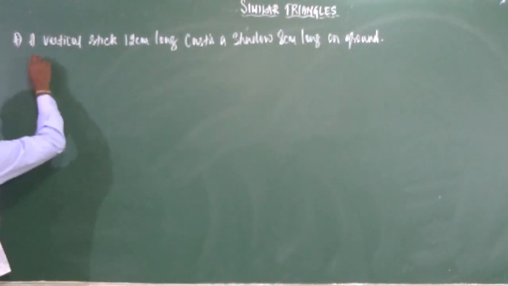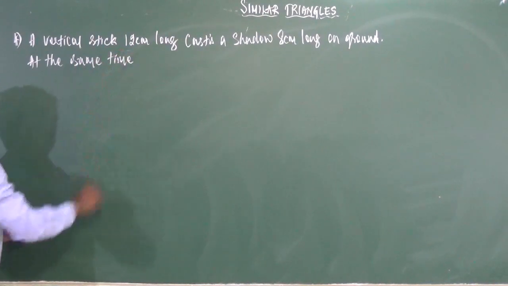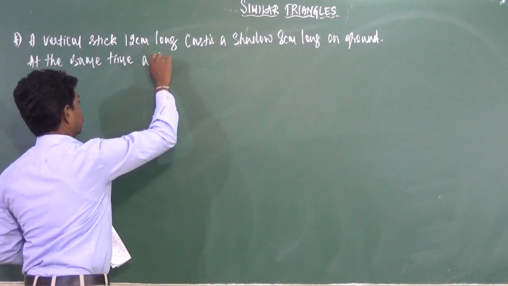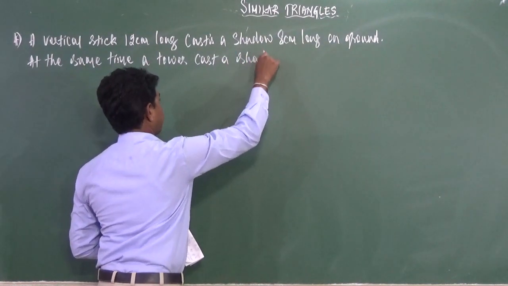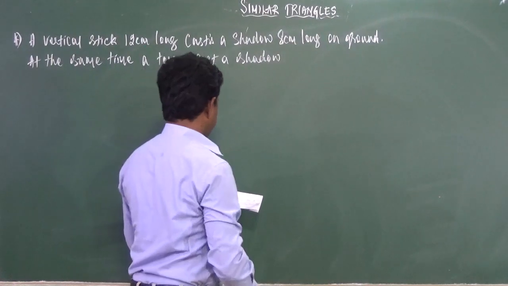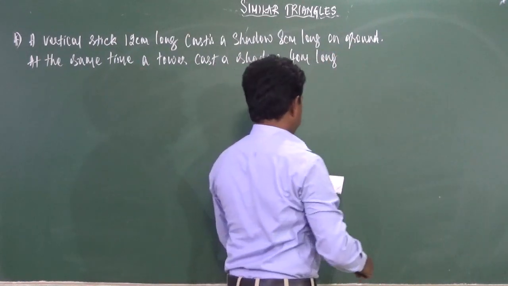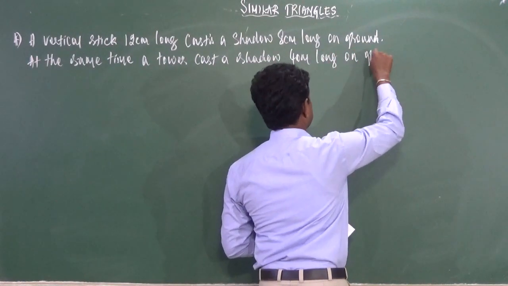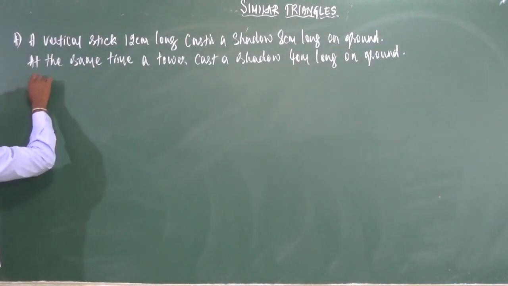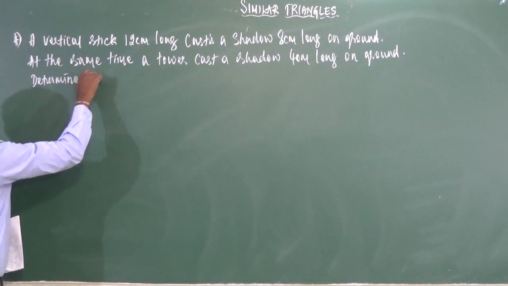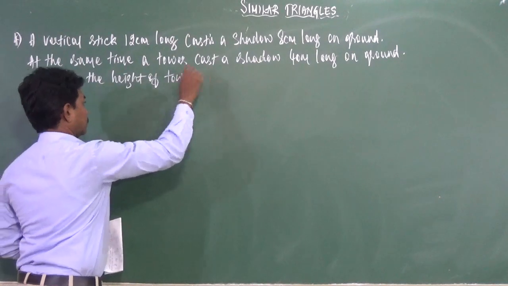At the same time, a tower casts a shadow 40 meters long on the ground. Determine the height of the tower.